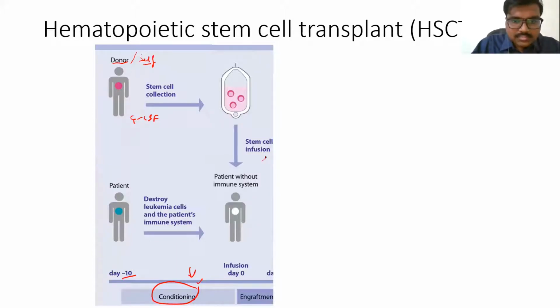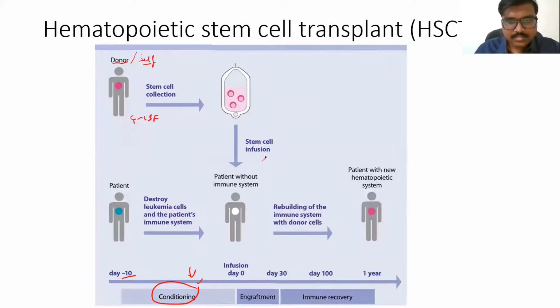The stem cells which are harvested are given to the patient, and it usually takes around 2 weeks for the stem cells to engraft, and subsequently there is immune reconstitution, and the patient is now free of disease with the new hematopoietic stem cell.